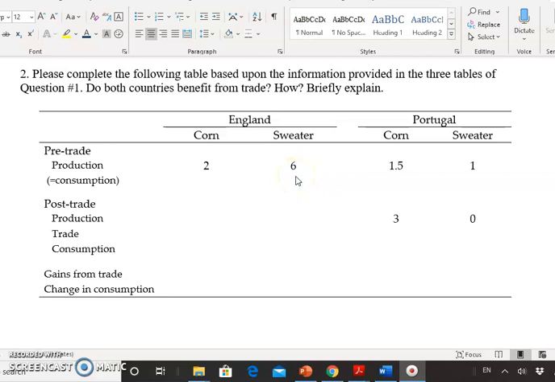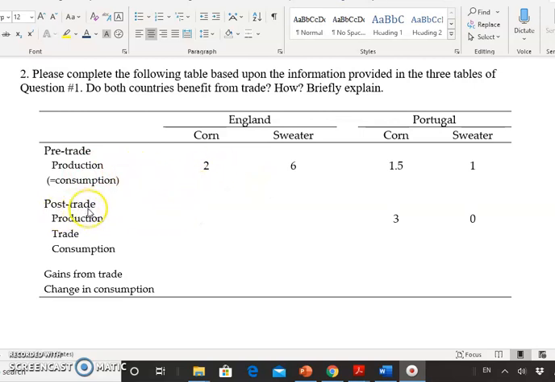We said that their production equals their consumption, because remember, they are isolated, separate from each other. For example, England produces 2 corns, then it has only 2 corns to consume. There's no more available without trade. That's why we said the production equals consumption.